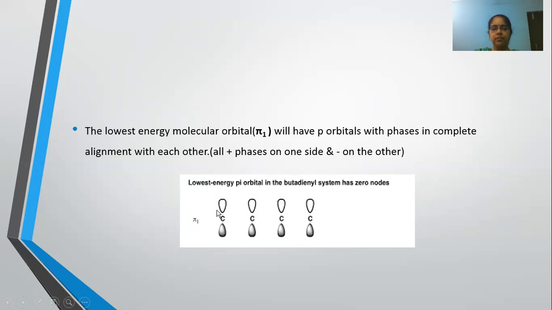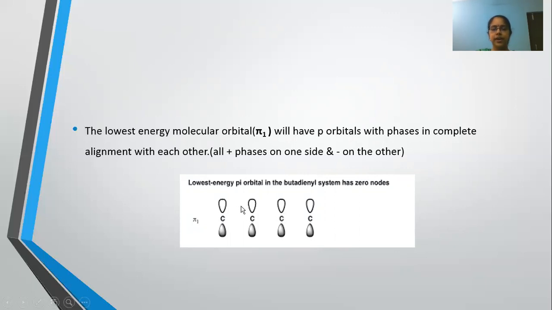So in this diagram, one of the lobes is shaded and the other lobe is unshaded. The shaded part may be considered as positive or negative, and the other is the opposite sign.